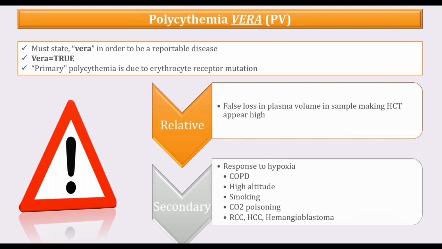False or relative is usually a loss in plasma volume in the sample, making the crit appear high. Secondary is usually a response to hypoxia due to things like COPD, high altitude, smoking, CO2 poisoning, or even RCC, HCC, and hemangioblastoma. So again, relative and secondary polycythemia is not cancer, not reportable. It has to be polycythemia vera.